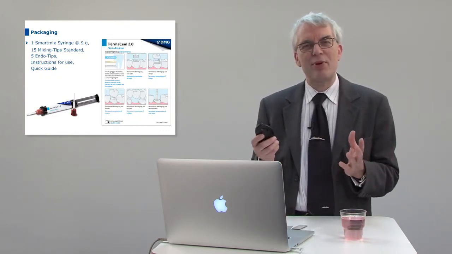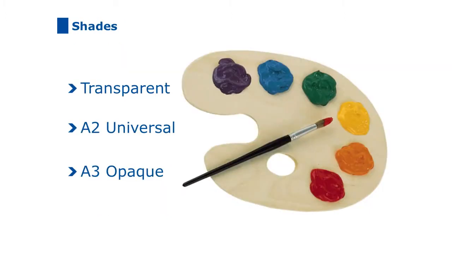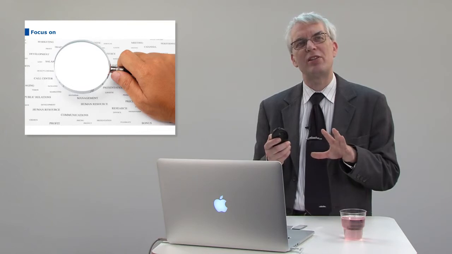Not surprising, PermaCem 2.0 is an auto-mix product, and it comes in the Smart Mix 9-gram syringe. And it comes in 3 shades. You get a transparent, you get an A2 universal, and an A3 opaque. The focus for this product is really on anything that has to do with ceramic.